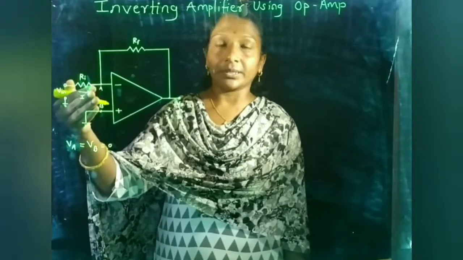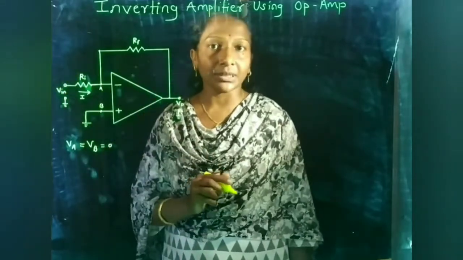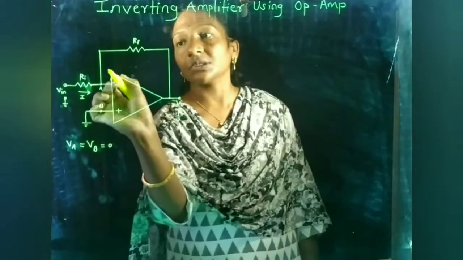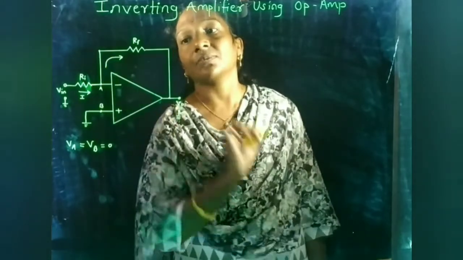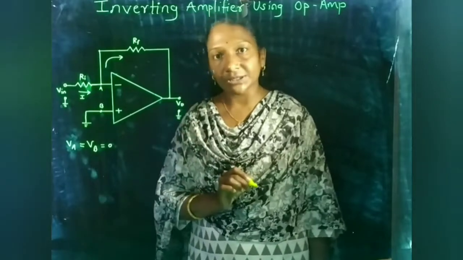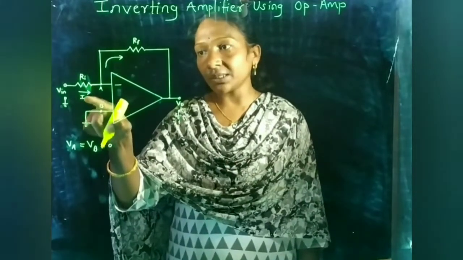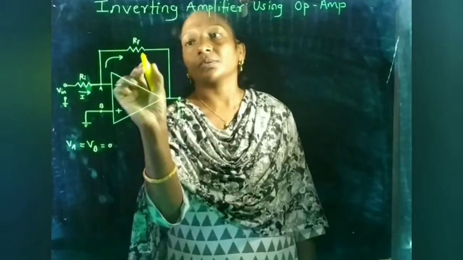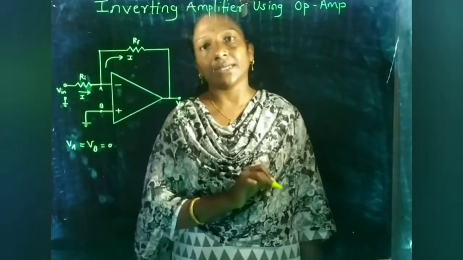Therefore, no current flows into this terminal. All current flows through the feedback resistor. Therefore, the same current I flows through this resistor.